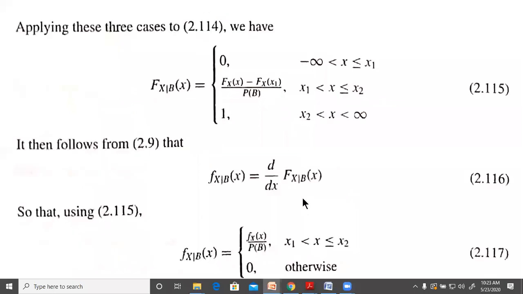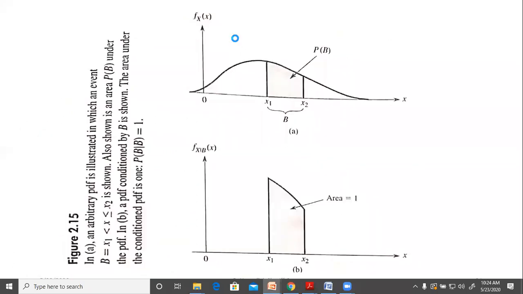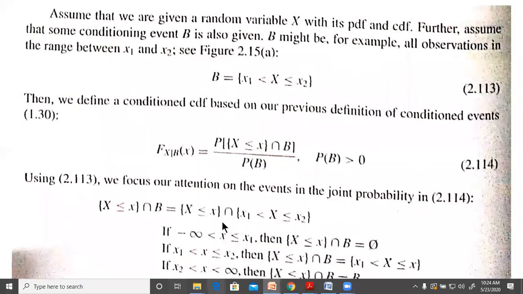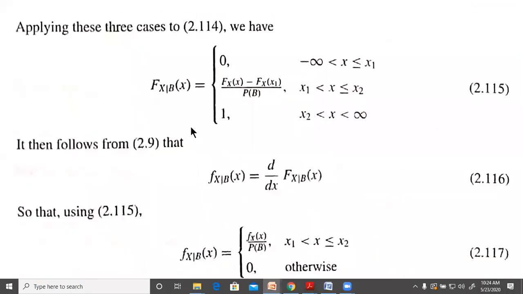So applying these three cases to 2.114, the three cases we are talking about are the three cases we have written here. If we apply these, then the CDF is what is mentioned here. In the first case, it will be 0 for x between minus infinity and x1.